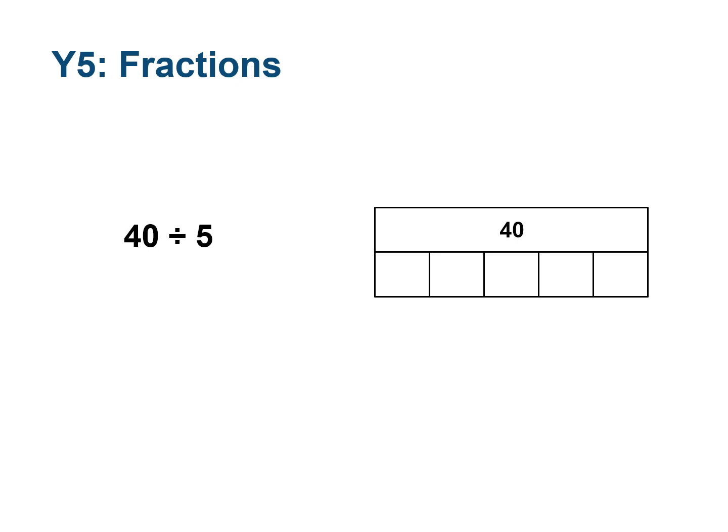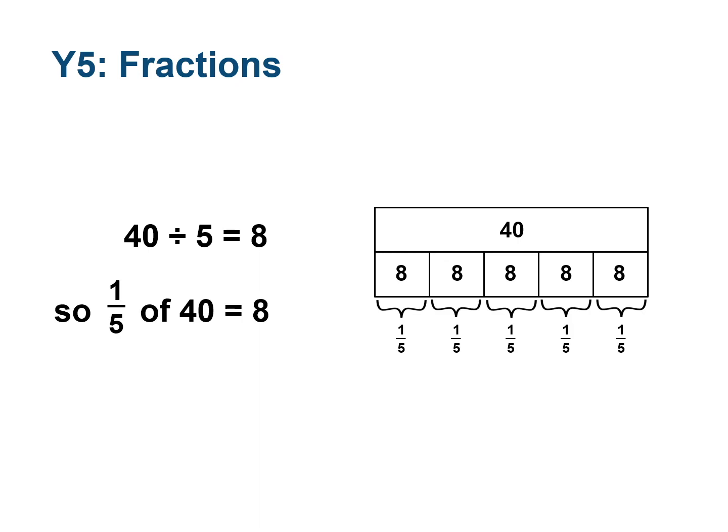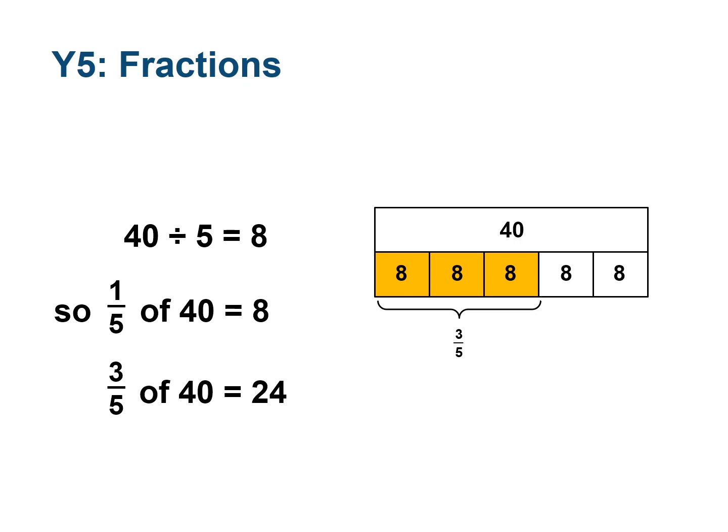In Year 3, pupils learnt to find unit fractions of quantities which corresponded to known times table facts, and they continued this in Year 4. In Year 5, pupils should be able to find non-unit fractions of quantities. So 1/5 of 40 is 8. So 3/5 of 40 is 3 times 8, or 24.